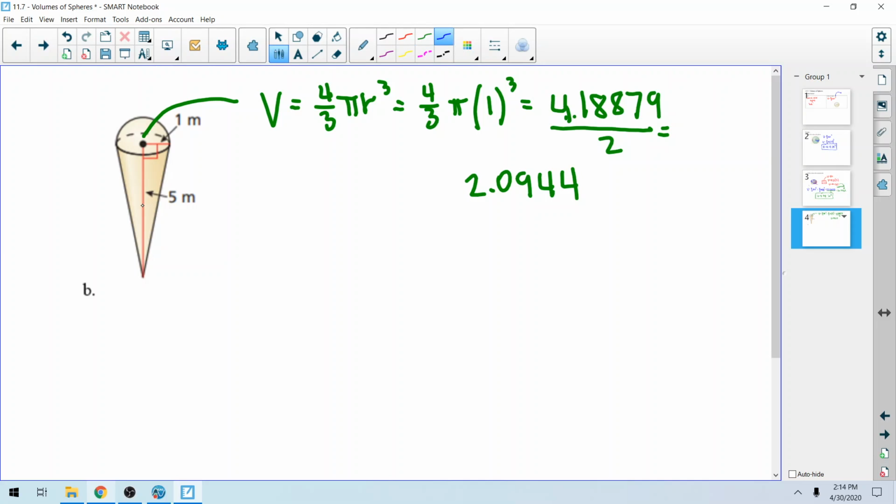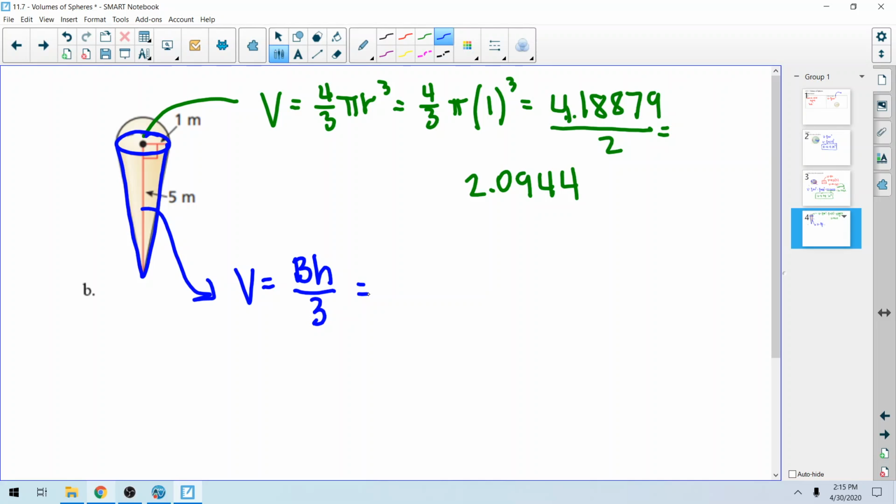Now, on the bottom, it looks like I have a cone. So here's my cone. A cone is a pyramid, so the volume is area of the base times the height divided by 3.